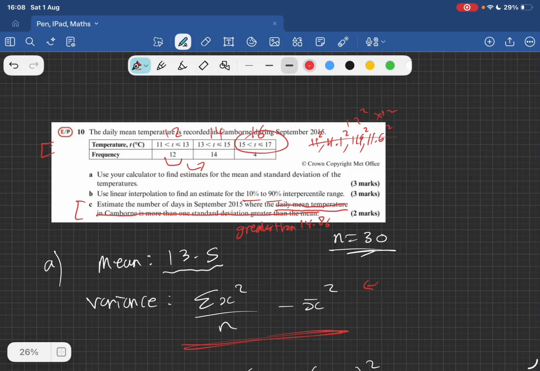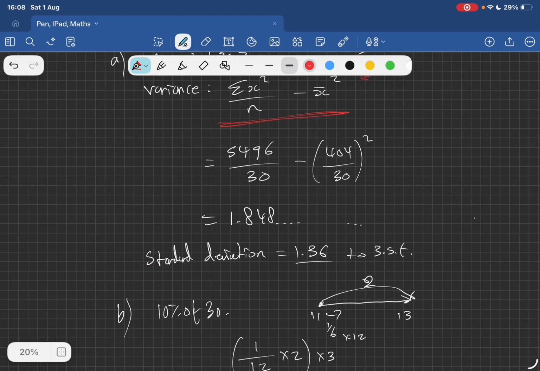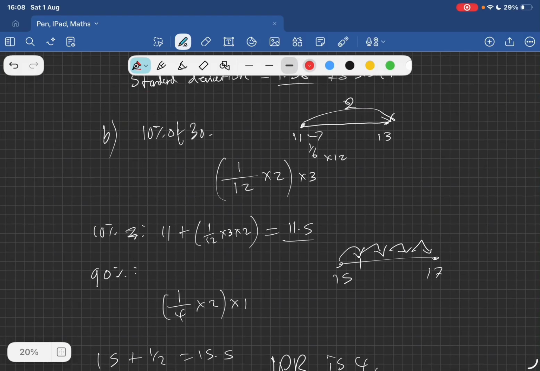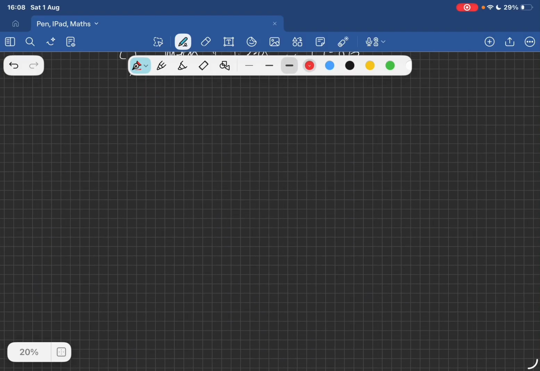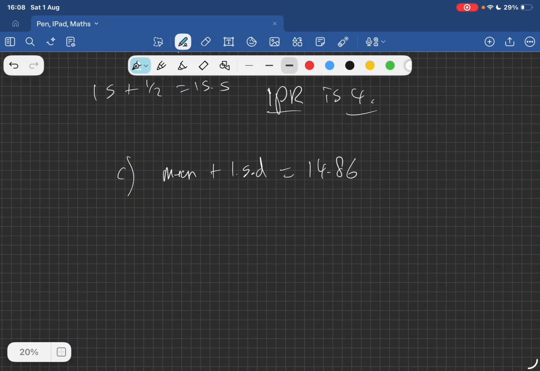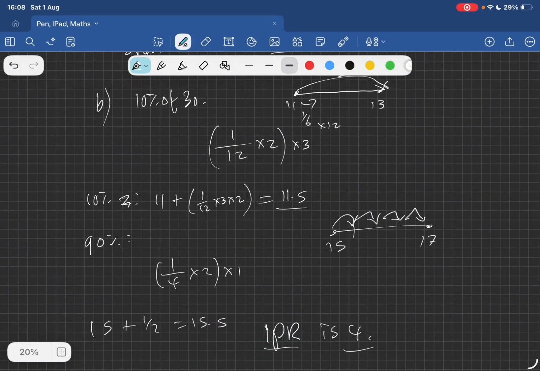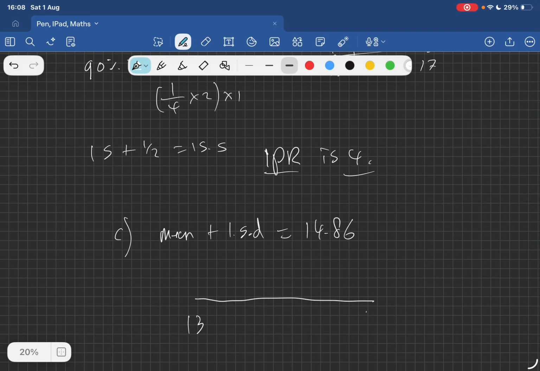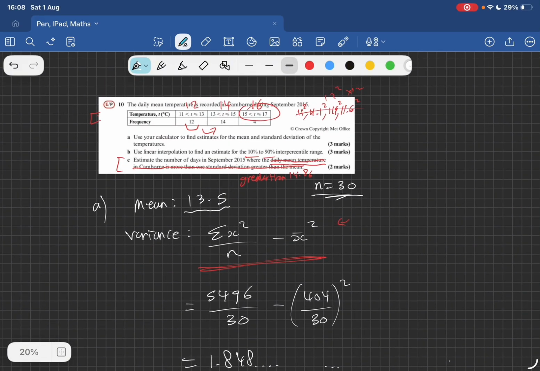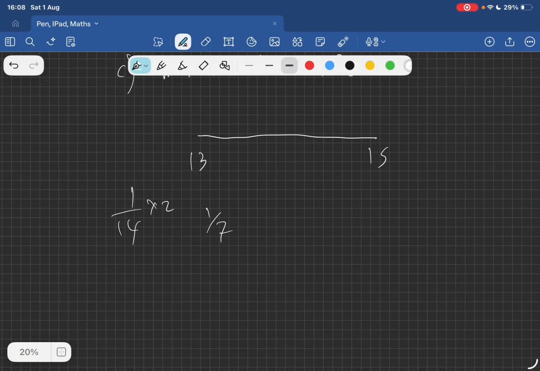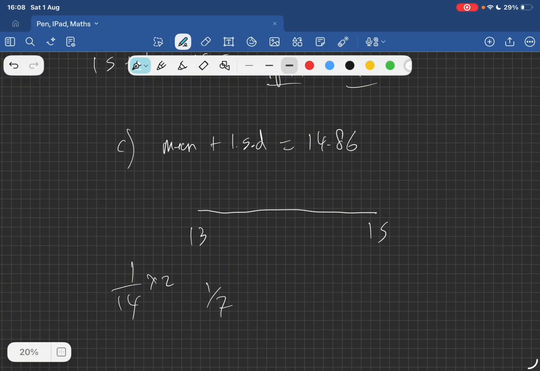So going back down to our range, we're using an estimate here. We're saying they're evenly distributed. 14.86 lies between 13 and 15. 13 to 15 needs to be broken up into 1/14 times 2, so we need to get to a seventh. Every time you're adding, you're going across by a seventh.